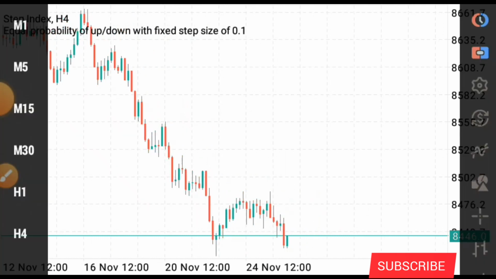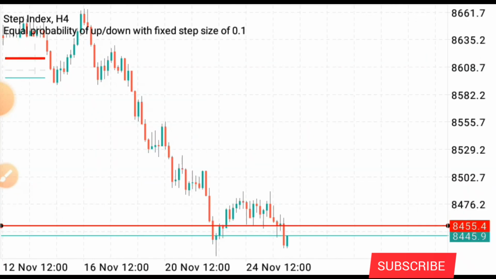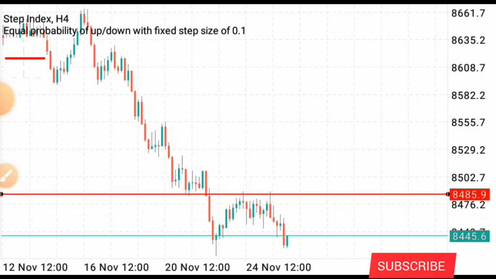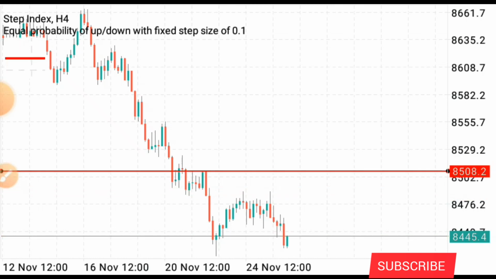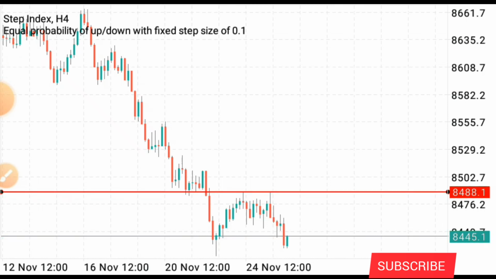Here on the 4-hour time frame, what I will be doing is identifying the most recent support and resistance zone, and here is what I can see now.